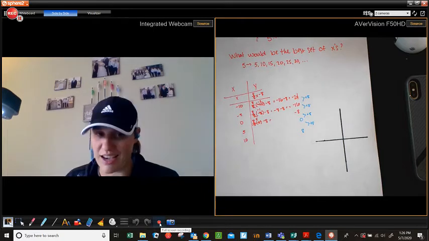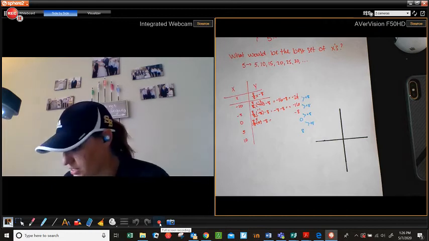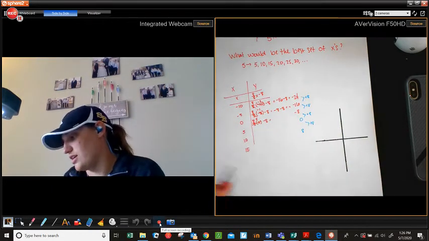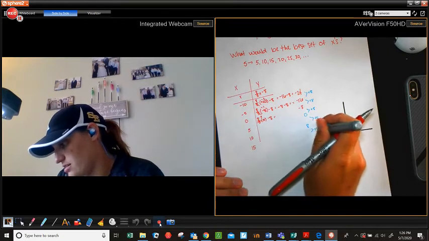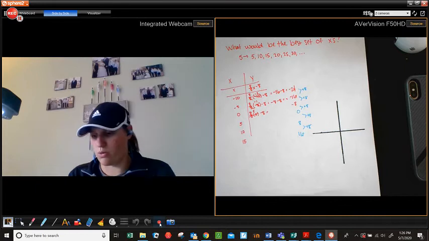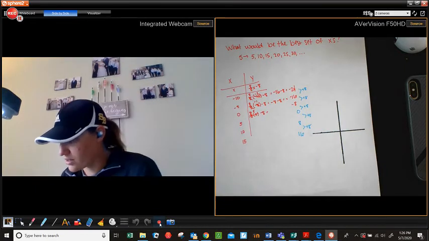You can add points at any time if it's going to make your life easier. Let's add the next one, which would be 15. To add 8 to that would be 16. So I'm going to rewrite our ordered pairs just because they're kind of scattered all over the place.